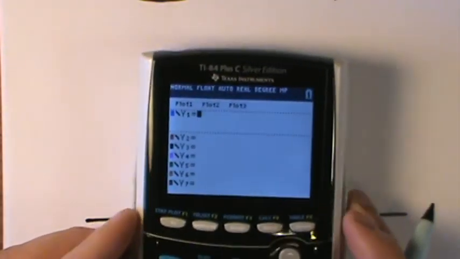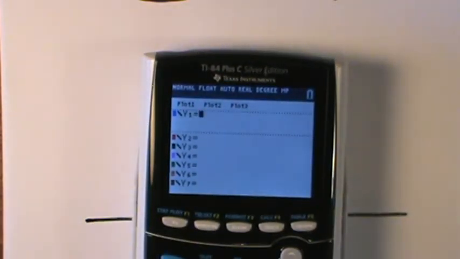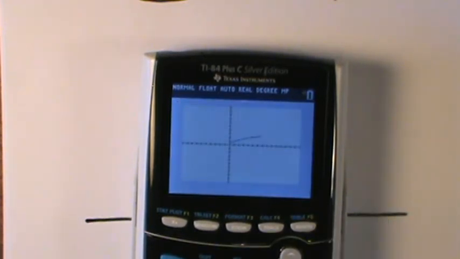Let's say that we had something odd here. Let me grab my calculator. So on my calculator, let me have y equals, let's go with our square root of x. We'll graph that.